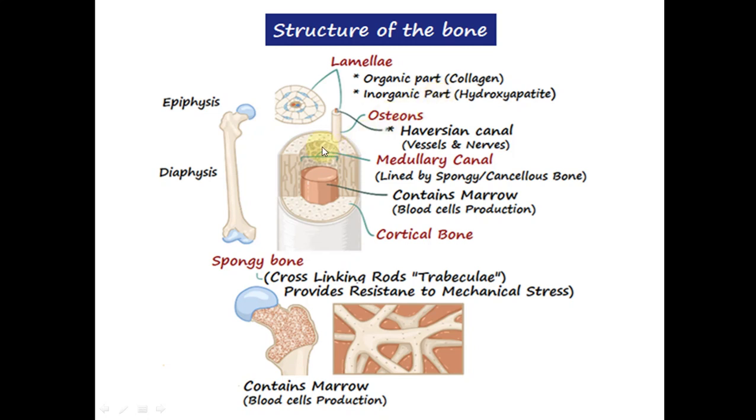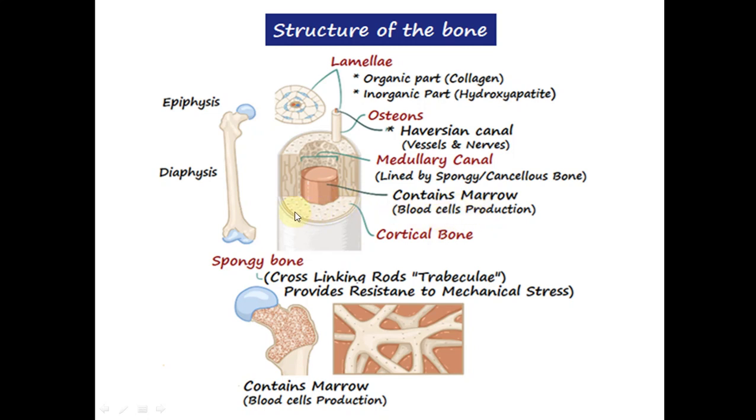The medullary canal, which is surrounded by the endosteum, as compared to the periosteum, which surrounds the whole bone, contains the spongy or cancellous bone. In the center it contains the bone marrow, and the bone marrow is the site where blood cells are produced.